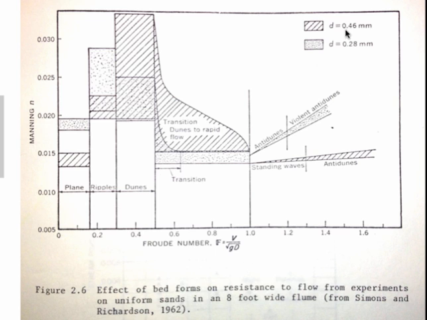As we go from plane bed to ripples to dunes, we get an increase in Manning's n. It's a range, but it generally increases. As the dunes are drowned out, Manning's n decreases again, and then above a Froude number of 1, we get a gradually increasing Manning's n again in the upper regime.